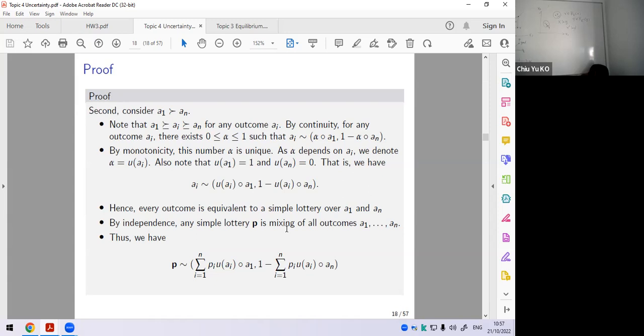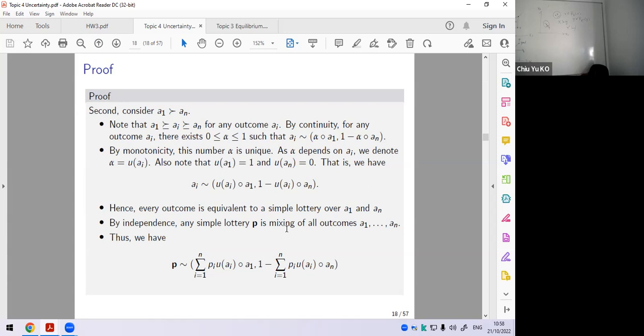So any lottery P, you can write as P1, P2, up to Pn. And what does that mean? P1 goes to this outcome.